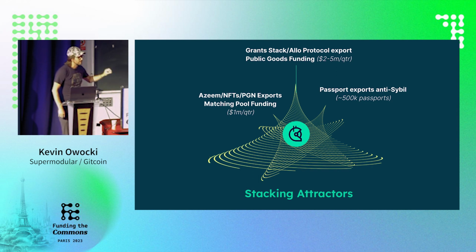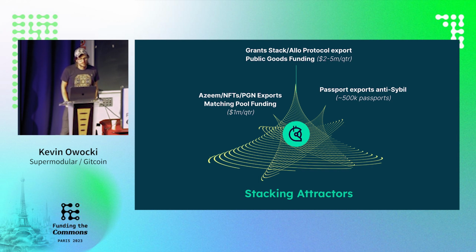But I'm going to talk about Gitcoin because it's the one that I understand as the founder of Gitcoin that has been involved in building it for the last 6 years. So basically, what we've been trying to do with Gitcoin over the last 6 years is build an attractor for public goods funding.